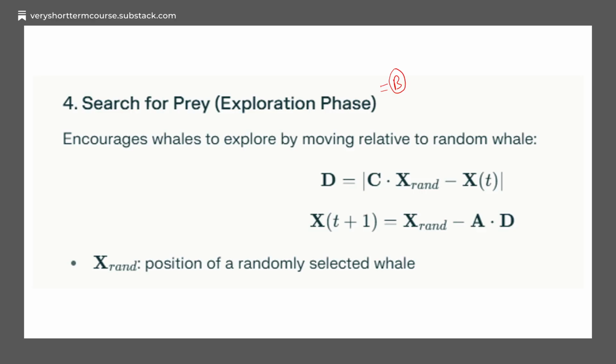This is one of the whales that was among the whales randomly generated as the first step of the whale optimization technique. So X random minus xt, where xt is the current X, the new X that you have generated.